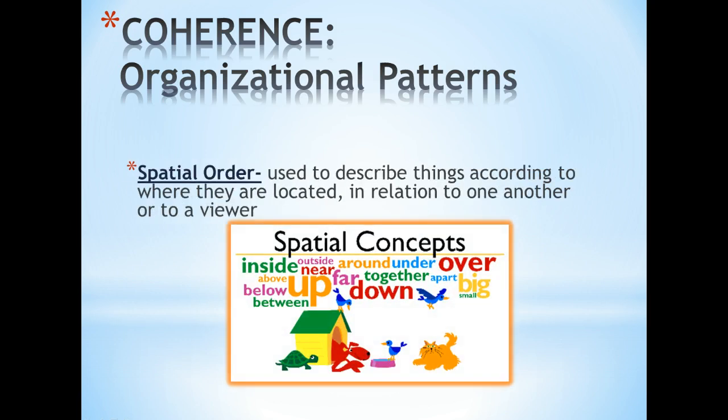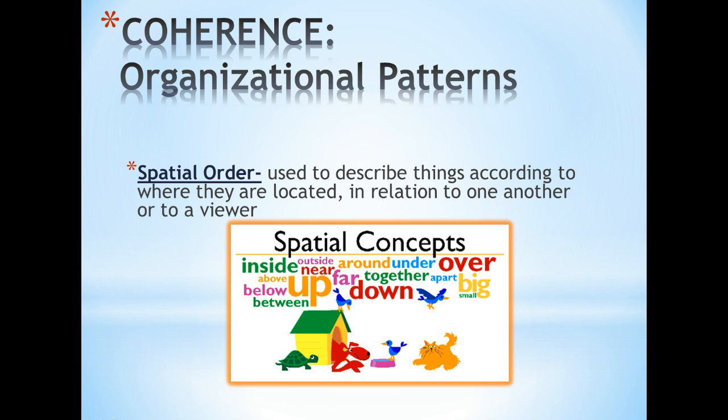A second type of organizational pattern is something called spatial order. Spatial sounds like the word space, and that's because spatial order is used to describe things according to where they're located in relation to one another or to the viewer. So you're going to use a lot of prepositions such as in, on, up, beside, behind, because you are describing things based on where they are located.